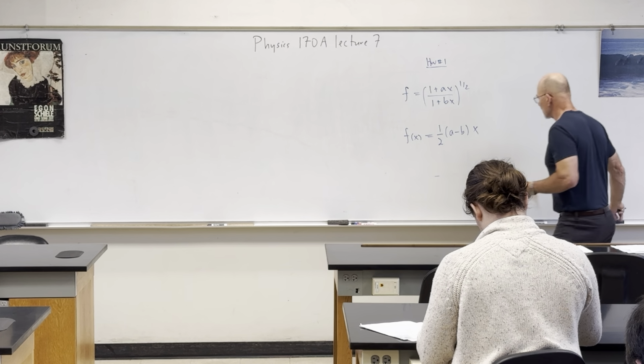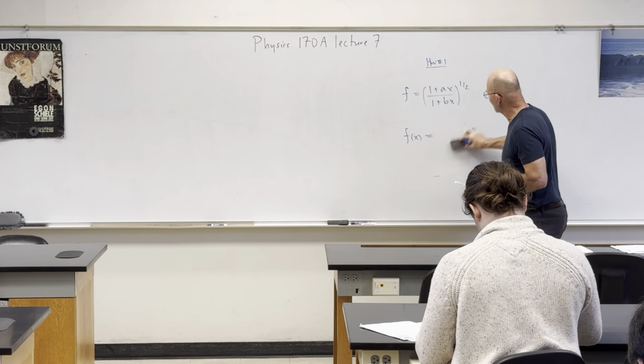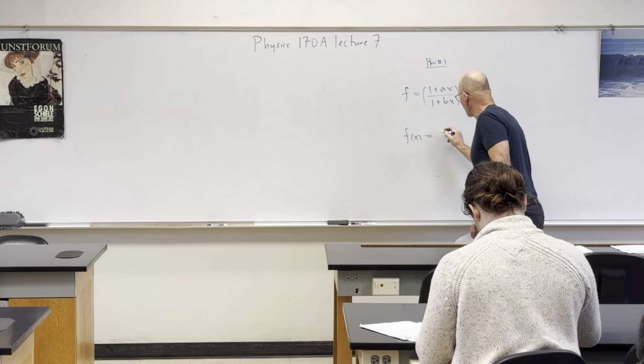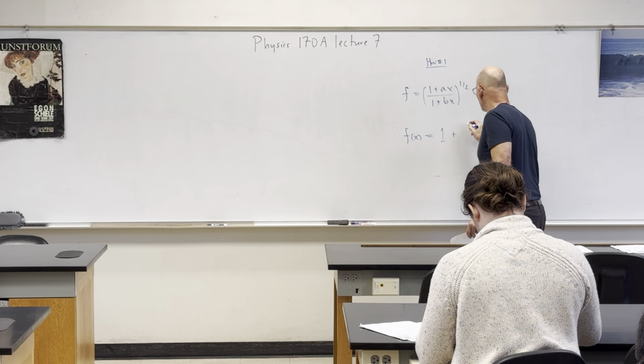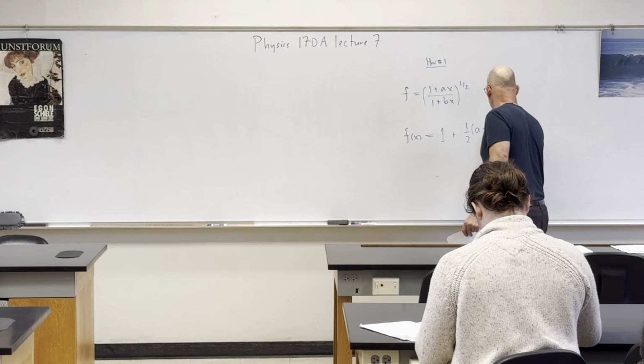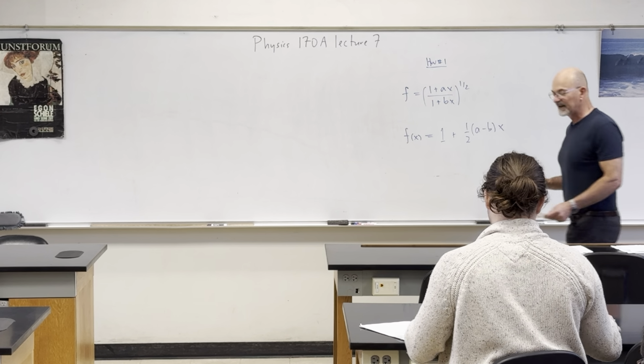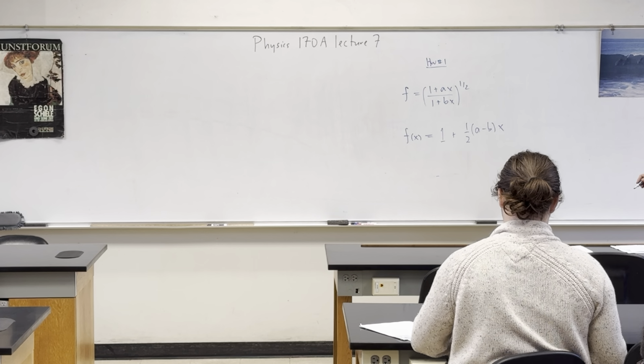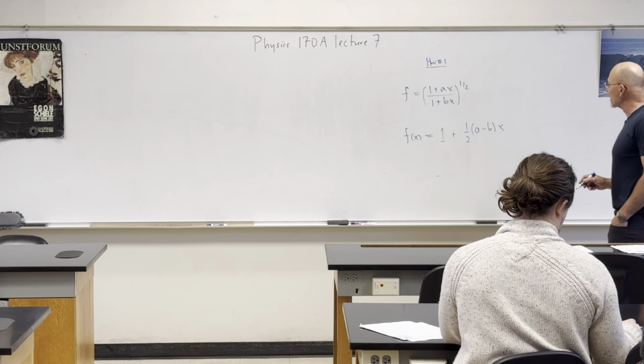Oh, 1 plus, sorry. 1 plus 1/2 (a minus b). That was the second part of it. So yeah, 1 plus 1/2 (a minus b). Okay, so that's a nice clean result, and you can just see what's going on here.